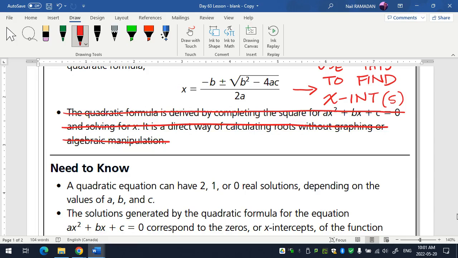A quadratic equation can have 2, 1, or 0. On top of this, write x-intercepts. It could have two x-intercepts, or one x-intercept, or no x-intercept.